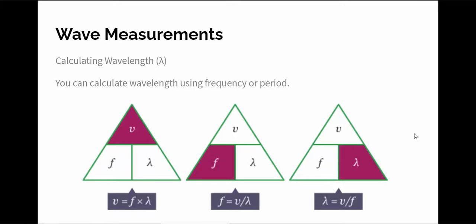So here, on this slide, it gives us the wave equation. Typically, I'm going to give it to you as V equals F lambda, which is the first version you see there. So remember, it's the triangle. We've dealt with them before. It's just one equation, so V equals F lambda, but I can solve for F, or I can solve for lambda, or I can solve for V. So that's V equals F lambda, and that's the second, or technically third equation I've given you today.